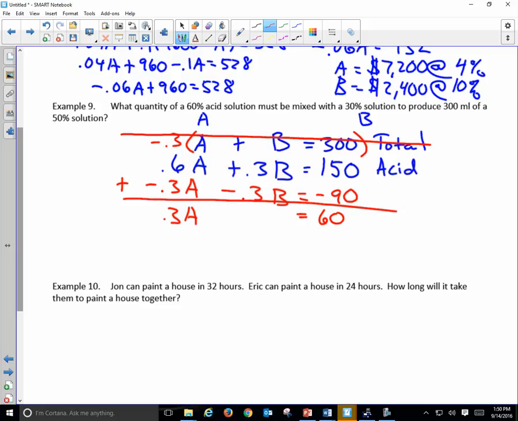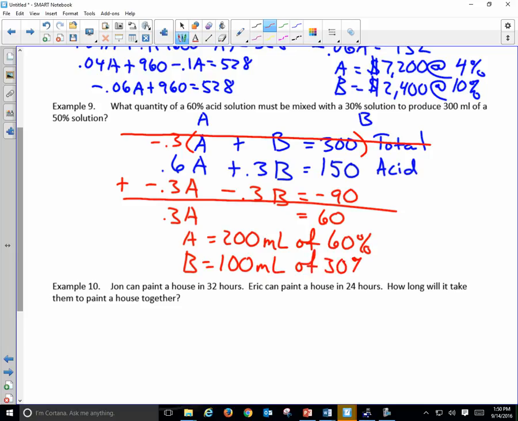What do I get? 200 milliliters of what percent? So then B is equal to 100 milliliters of 30%. Make sure you're answering the question so we know exactly what you're getting.